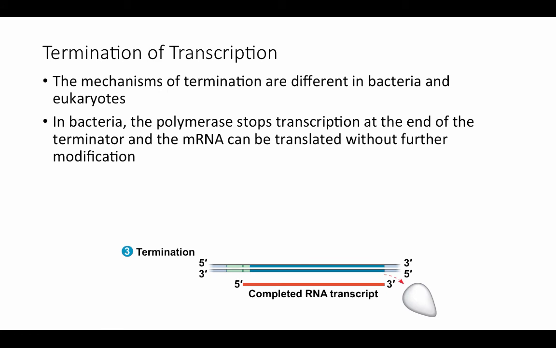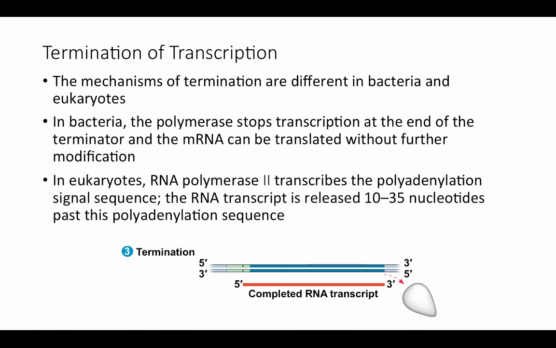So as I mentioned before, the termination mechanisms are different in bacteria and eukaryotes. In bacteria, the polymerase stops transcription at the end of the terminator region, and then the mRNA can be translated without further modification. In fact, as we saw earlier, it can start to be translated before it is even finished being transcribed.